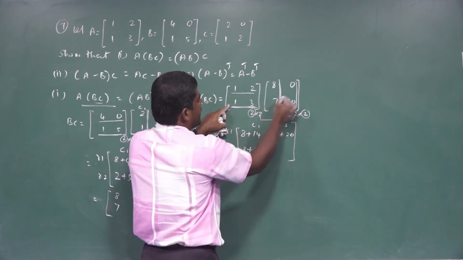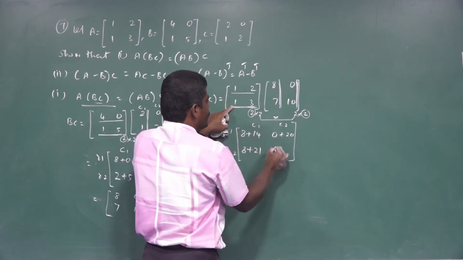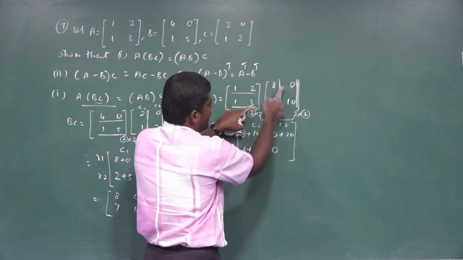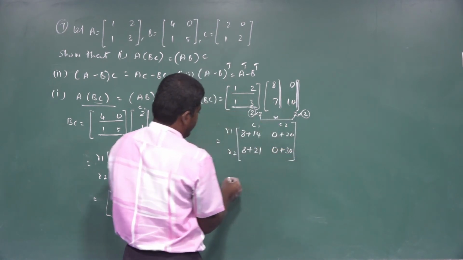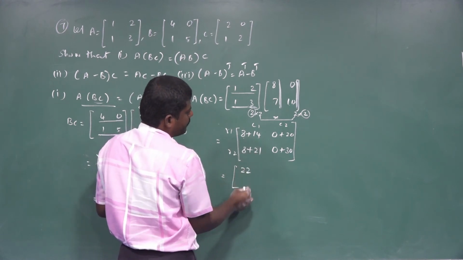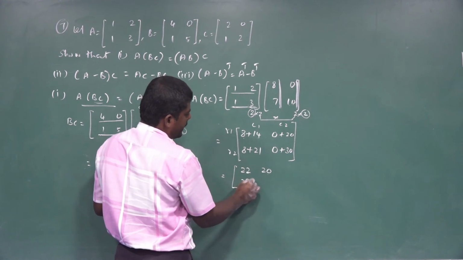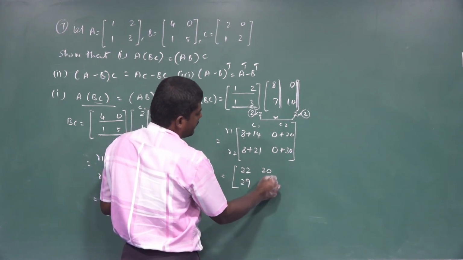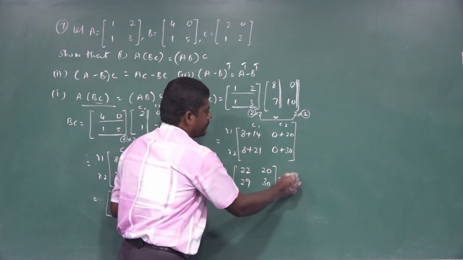Next the second column: 1 multiplied by 0, 0. Next the second element, 3 multiplied by 10, 30. 8 plus 14, 22. 0 plus 20, 20. 8 plus 21, 29. 0 plus 30, 30. Understand? This is our left side answer, you take 1.